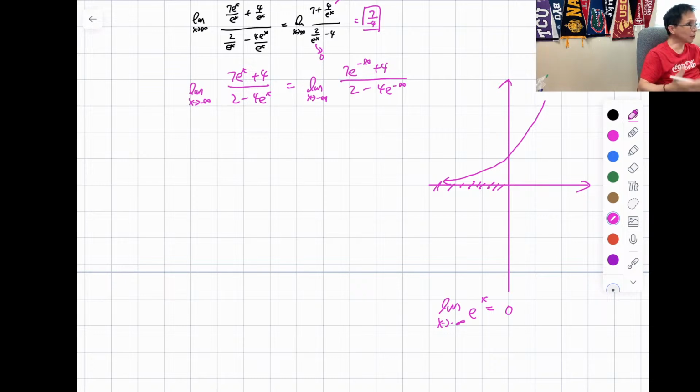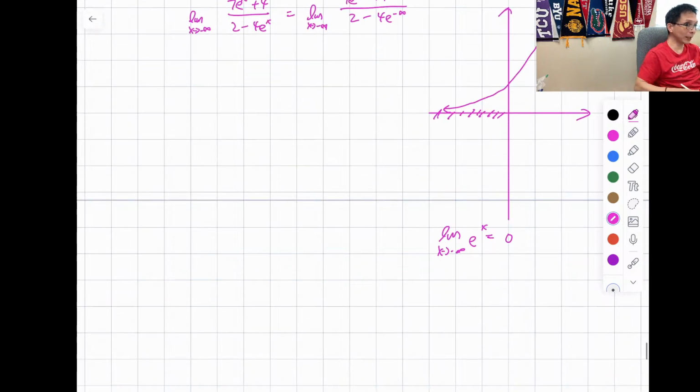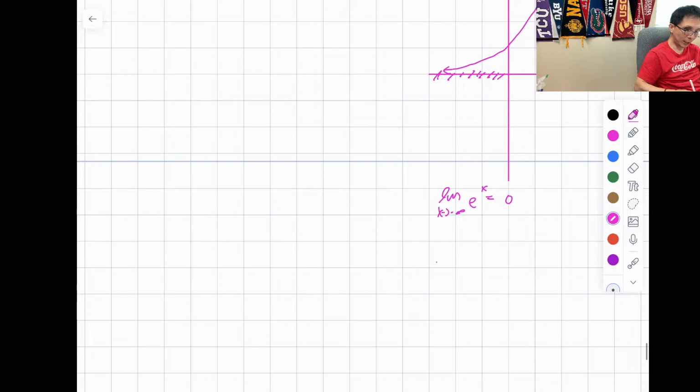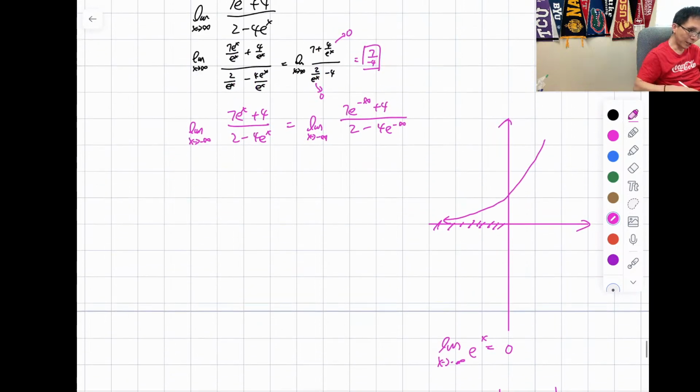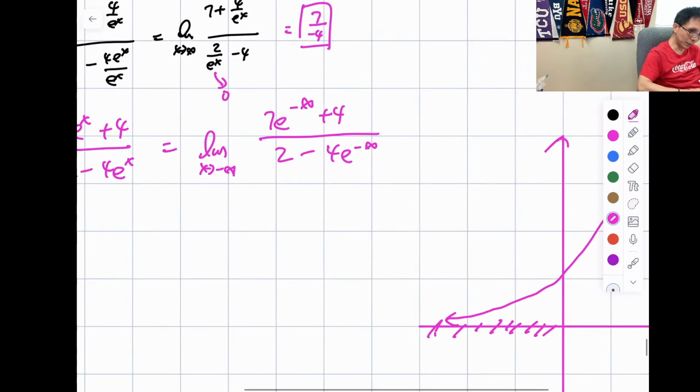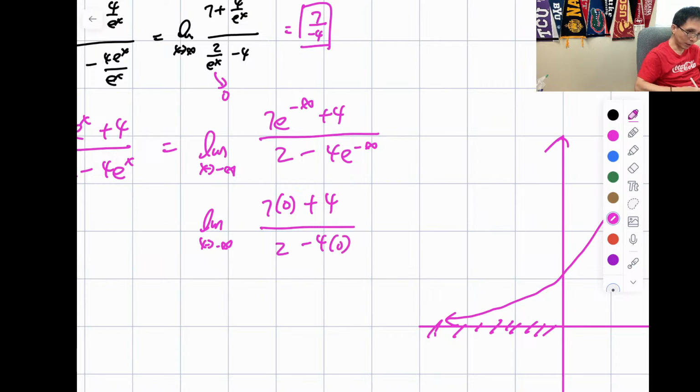Now, if you don't know how to analyze graphically, we can analyze what Gia did, which is e to the negative infinity, that means 1 over e to the infinity. 1 over e to the infinity is 1 over infinity. 1 over infinity is what? 0. So all these terms go to 0. The limit as x approaches negative infinity is 7 times 0 plus 4 over 2 minus 4 times 0.